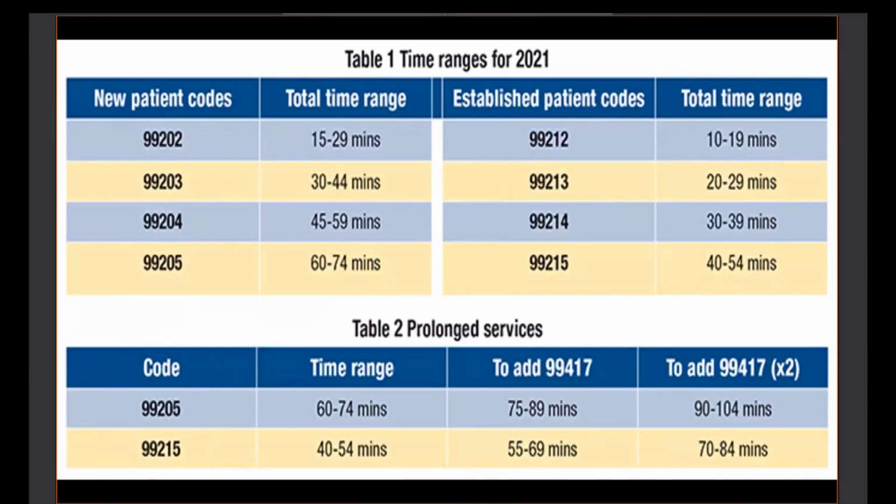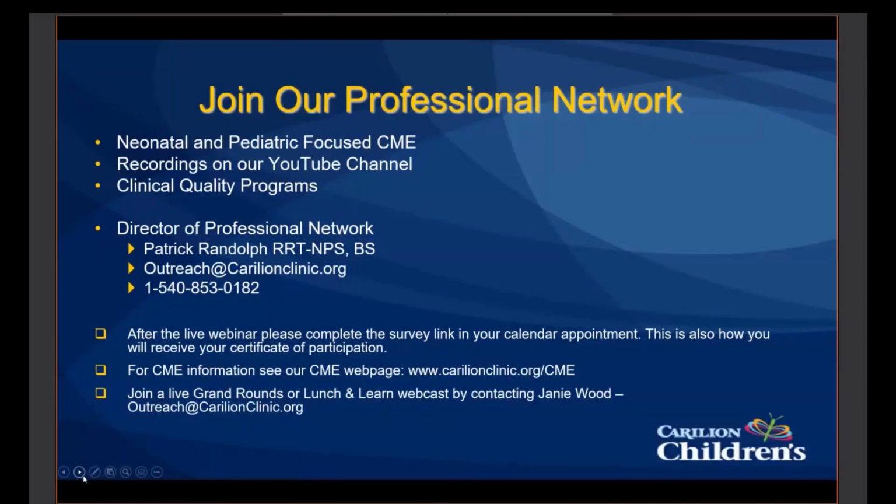So if you see a well check, a 5-year-old that has poorly controlled asthma, then you can code it with a well child code, and then you put in a 25 modifier, you put in an E&M code, you can do a 99213 or 14 depending on what the issue is. For example, if it's asthma out of control, it's 1 or more chronic illness with exacerbation of progression, and you're going to do prescription drug management, then in that case, you can code it with a second code of 99214.